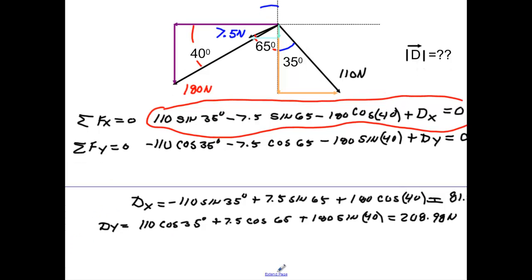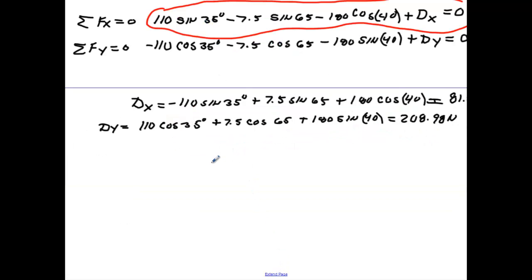So to do that, I'm going to scroll down just a little bit more, and you're going to fall back to the Pythagorean theorem. So the magnitude of d is going to equal the square root of each one of these squared: 81.59 squared plus 208.98 squared will give me my magnitude.